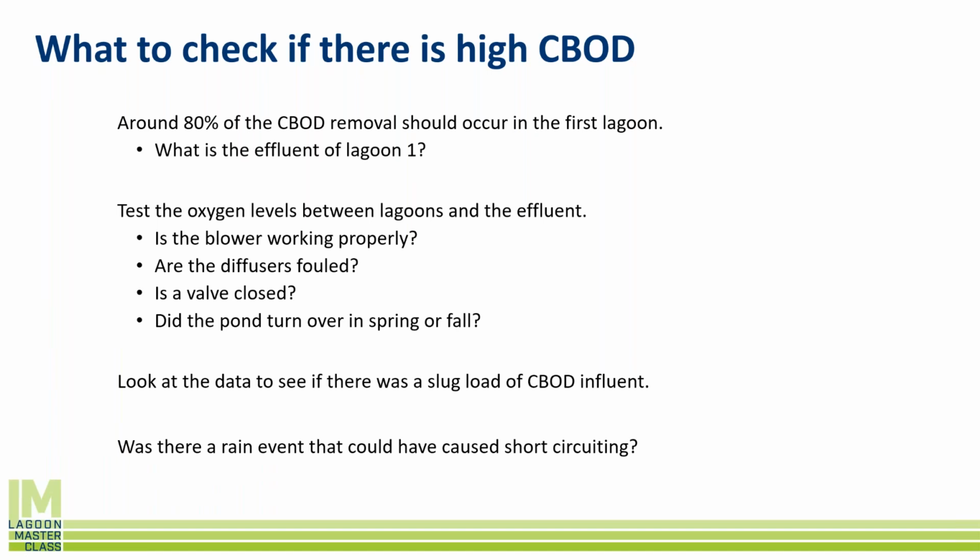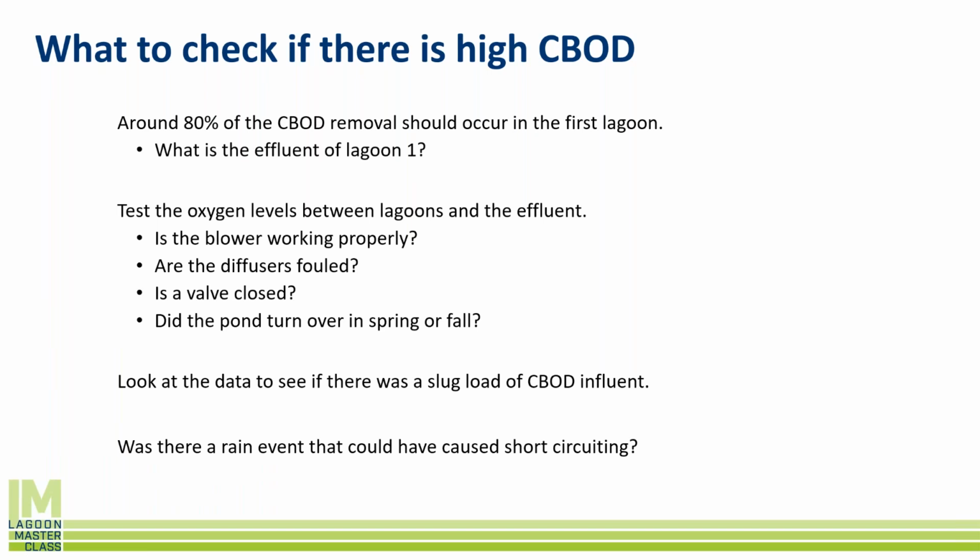And then the other thing we can take a look at, that sometimes happens is, did we get a slug load of CBOD into the influent? So was there some sort of a strange event that led to a high degree of CBOD coming into the wastewater treatment plant that could have upset that first lagoon?